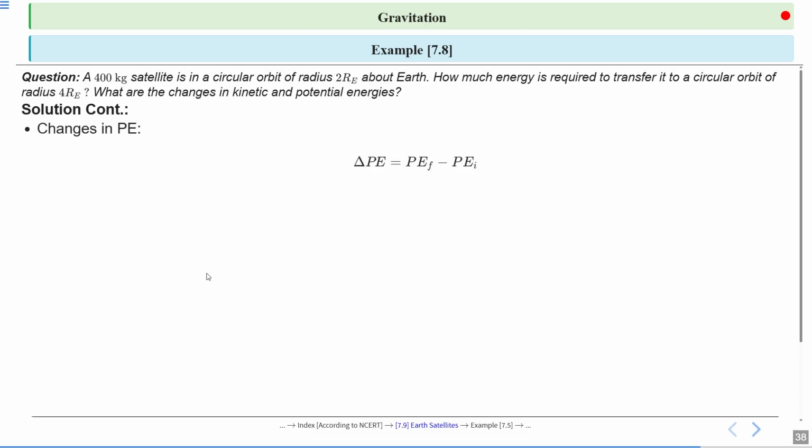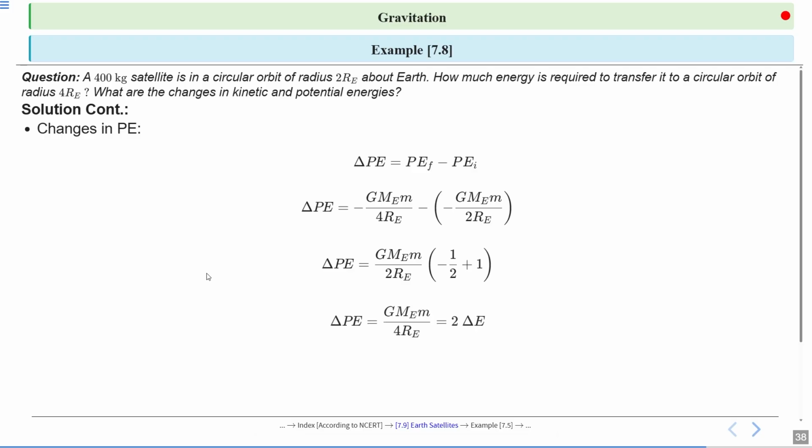Change in potential energy is final potential energy minus initial potential energy. So the change in potential energy is equal to −GMₑm/4Rₑ minus (−GMₑm/2Rₑ). Simplifying the expression, we get ΔPE = GMₑm/2Rₑ × (−1/2 + 1).